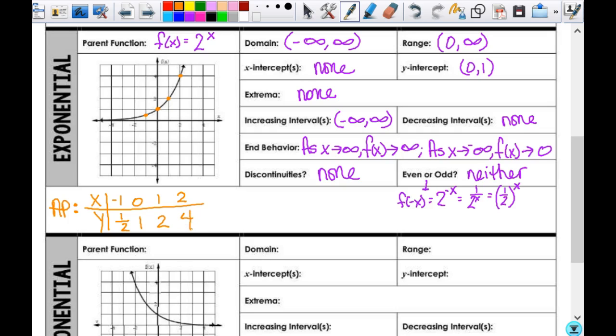So if I changed the base, if the base was 5 instead of 2, this would be -1 and what? 1/5. What would this be? 0, 1. This would be 1, 5. Would this be 2, 10? No. 2 what? 25. This right here doesn't change even when the base changes because anything to the 0 power is 1. Okay?